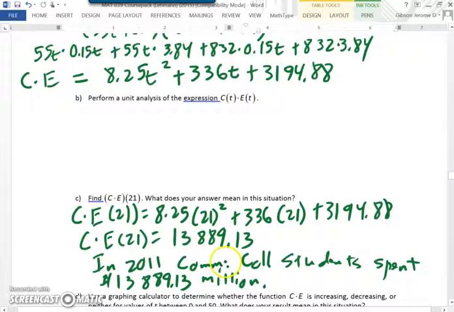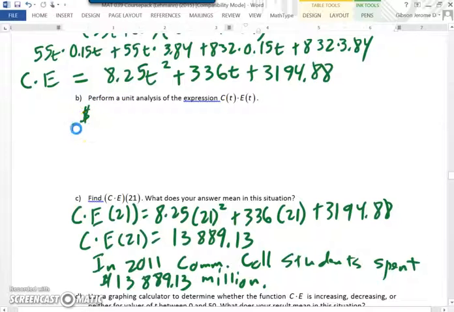Okay, now, going back to B. It says here, perform a unit analysis of the expression C of t times E of t. Now, basically, the unit analysis of C of t and E of t basically comes down to this.